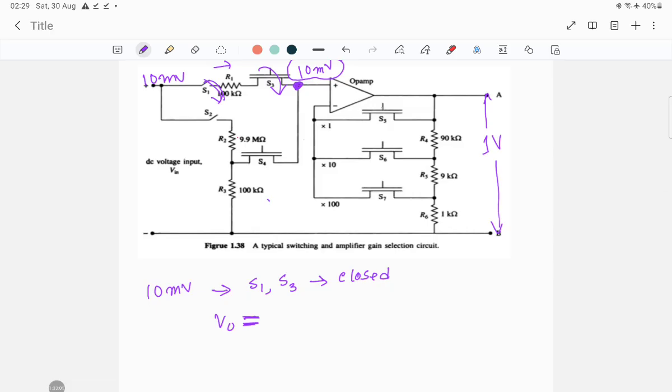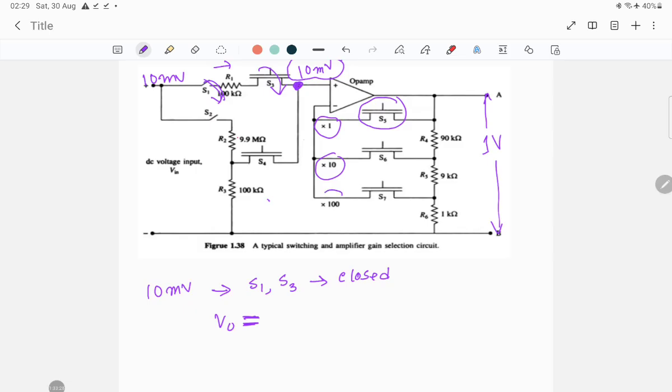Here you can see S5 will create a gain of 1. So if S5 is activated, at the output you will get 10 millivolt, but you don't want 10 millivolt, you want 1 volt. If you go for the 10 times multiplication with S6, then you will get 0.1 volt, so again it's not required.